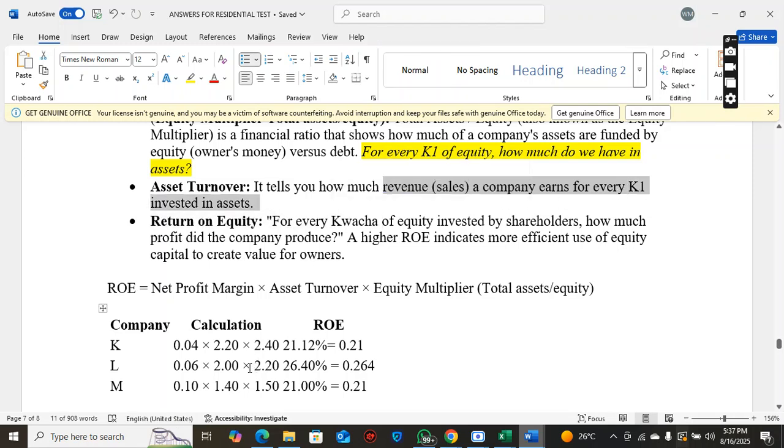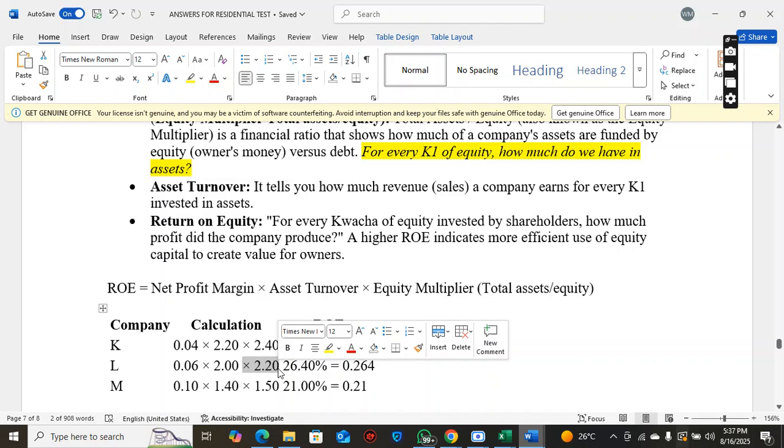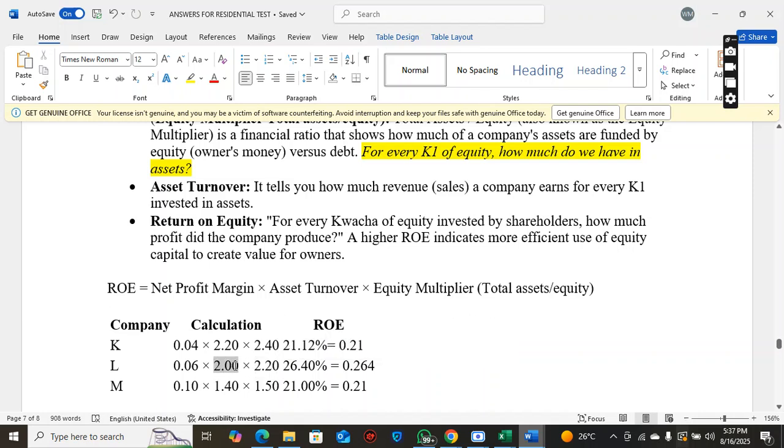So for L, for every one kwacha invested in the assets, L is making 2 kwacha in revenue. For M, for every one kwacha invested in assets, it's making one kwacha 14 in sales revenue.